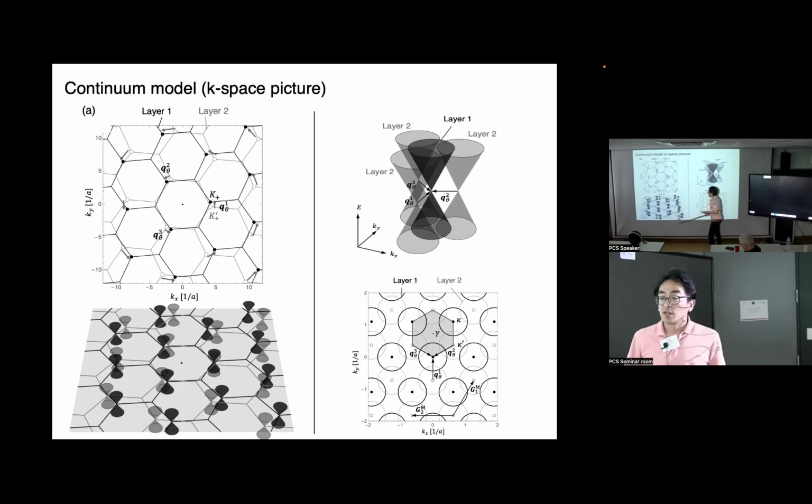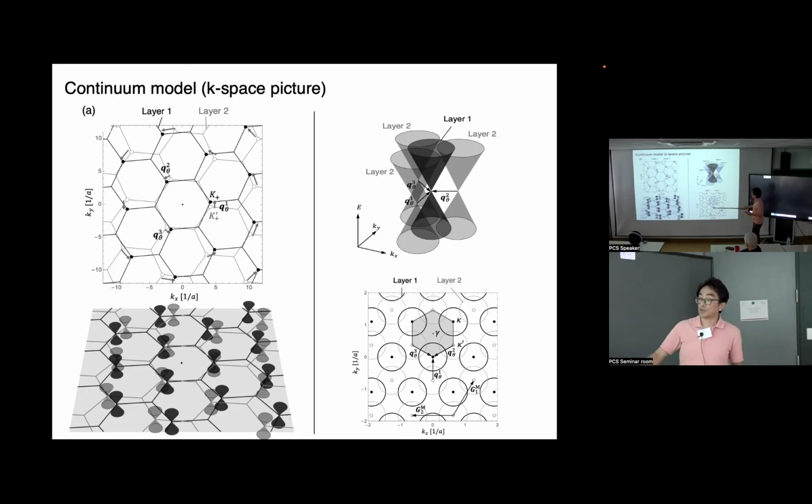If you take only the three corners from the center, it looks like this. The black Dirac cone is interacting with this Dirac cone, this one, and this one, and the same for the gray one, opening gaps again. This is the K-space picture.